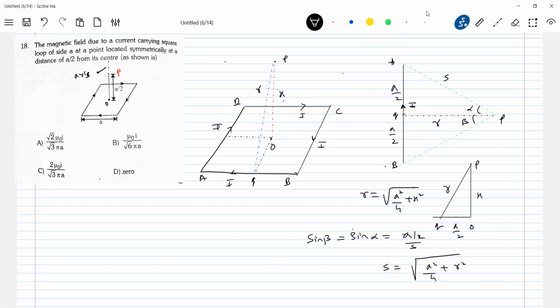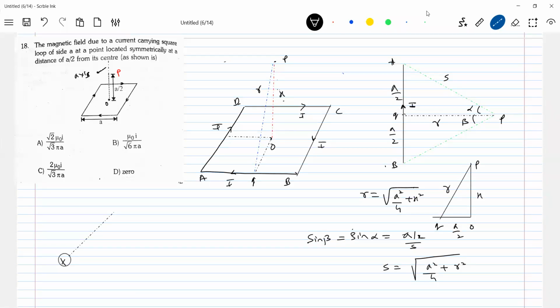Downwards. So it will make an angle. Suppose you take this as the wire, and the point P will come somewhere like this.